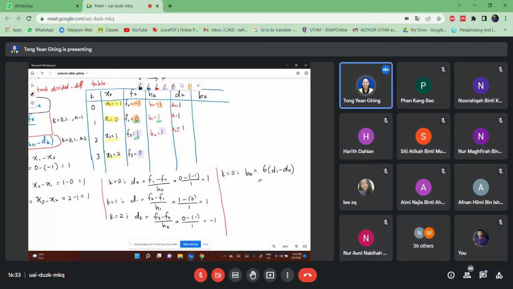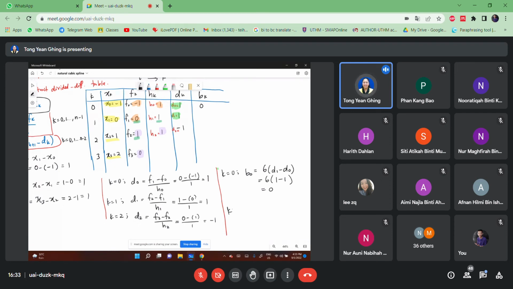Look at this one, d1 is 1, d0 is 1. So that means 6 times 1 minus 1, that means 0. So the value of B0 is 0.